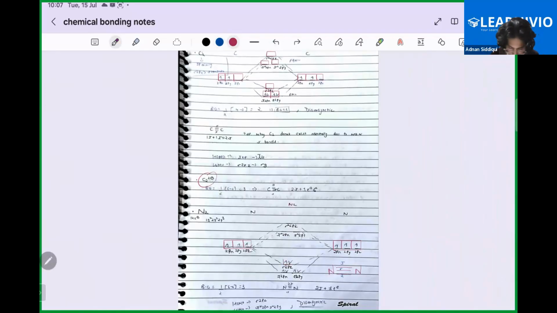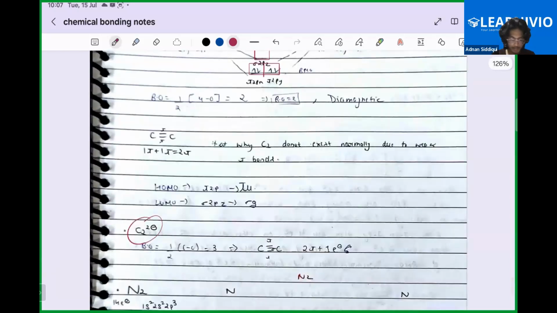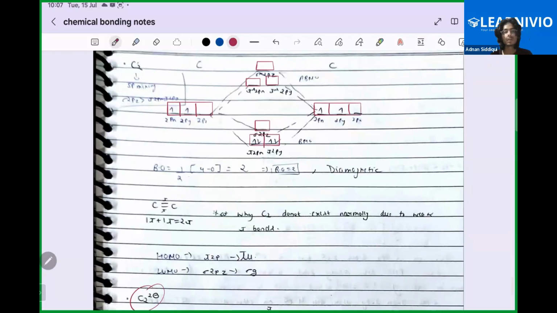In the lower one we have 6 electrons. In the carbon one, we have only 4 electrons, right? Are you talking about C2 negative, C2 2 negative, or just simple C2? No, it's simple C2.